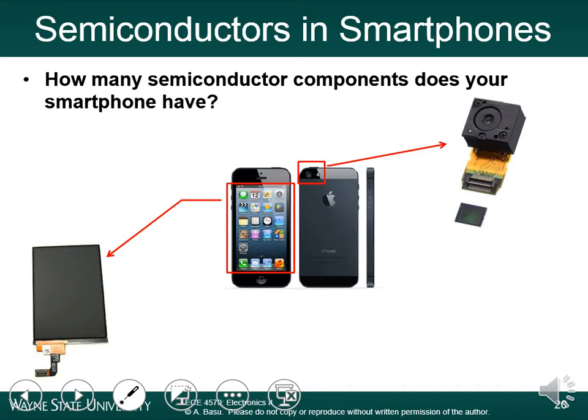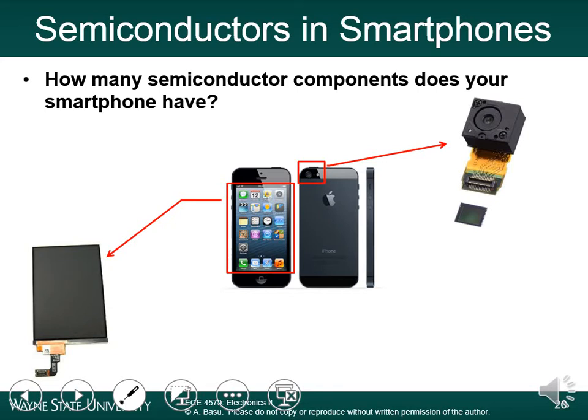A MEMS microphone has a moving part in it to convert the vibrations into an electrical signal. And then there are actually semiconductor components on there to pick up that electrical signal and process it into something that can be stored on the device or amplified.